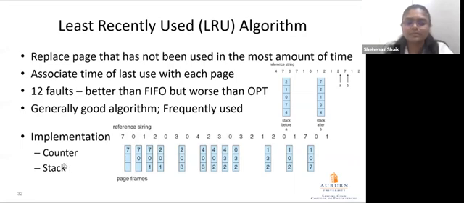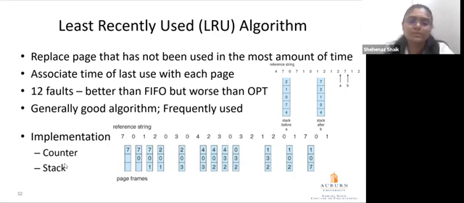In that manner, it is in fact easier to identify the victim page. We do not really need to go over the entire list of pages that are allocated to a process. But there is an overhead here, because we need to modify the stack contents whenever a page is accessed.